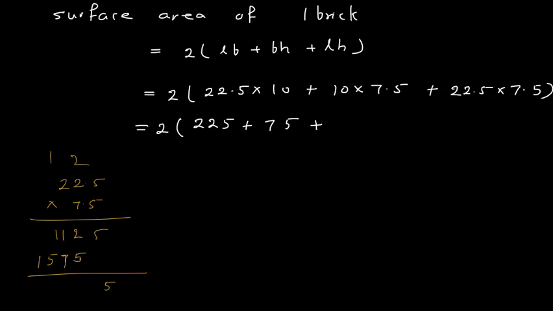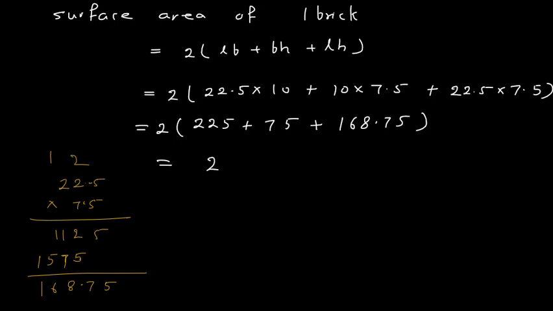So here I will get 5, here 7, here 8, here 6, here 1. Now after decimal, here I have 1 digit, here I have 1 digit. So after decimal I have 2 digits. So here the result will be 168.75.